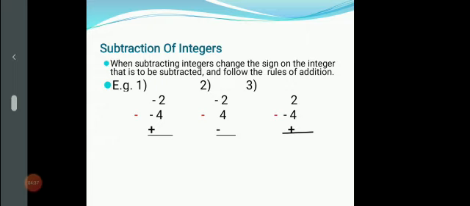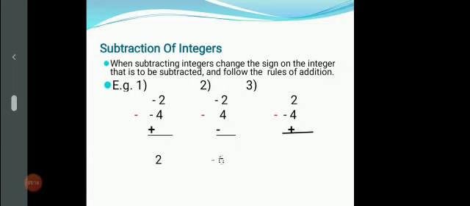We are subtracting -4 from -2, so we change the sign of -4. -4 changes into +4, so you get -2 plus 4, and the answer is again 2, because we find the difference: 2 with the sign of the bigger number, that is positive.